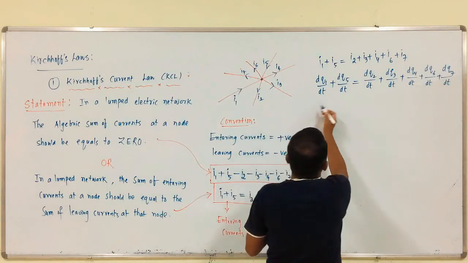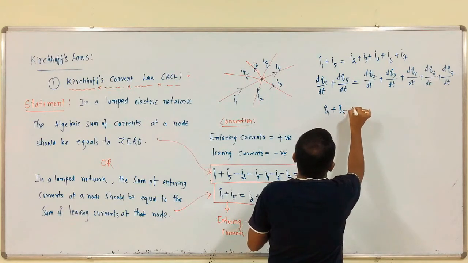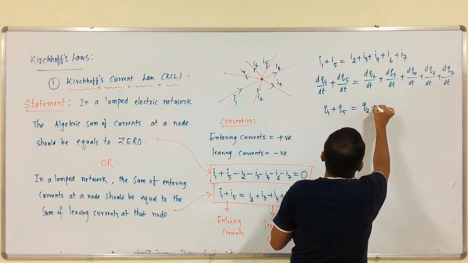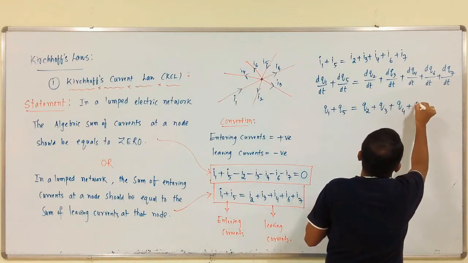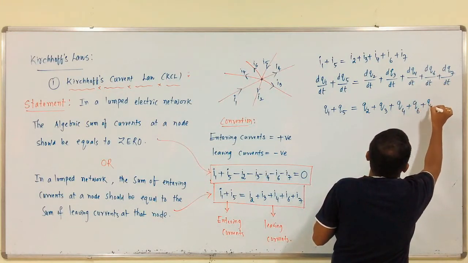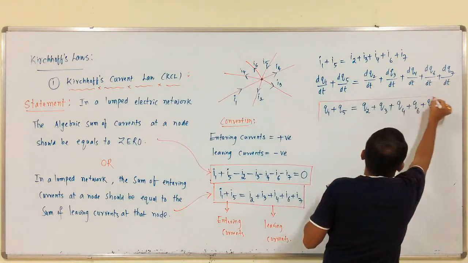So, from this you can get q1 plus q5 equals q2 plus q3 plus q4 plus q6 plus q7.